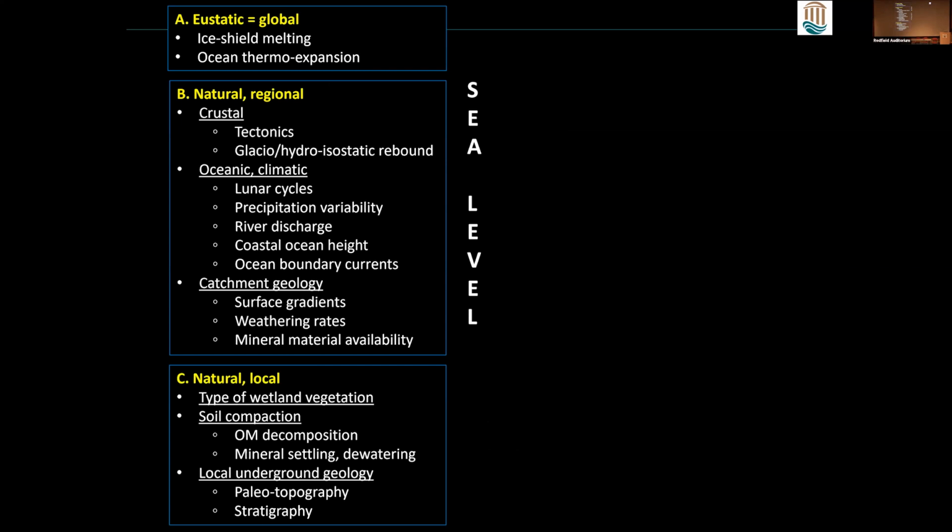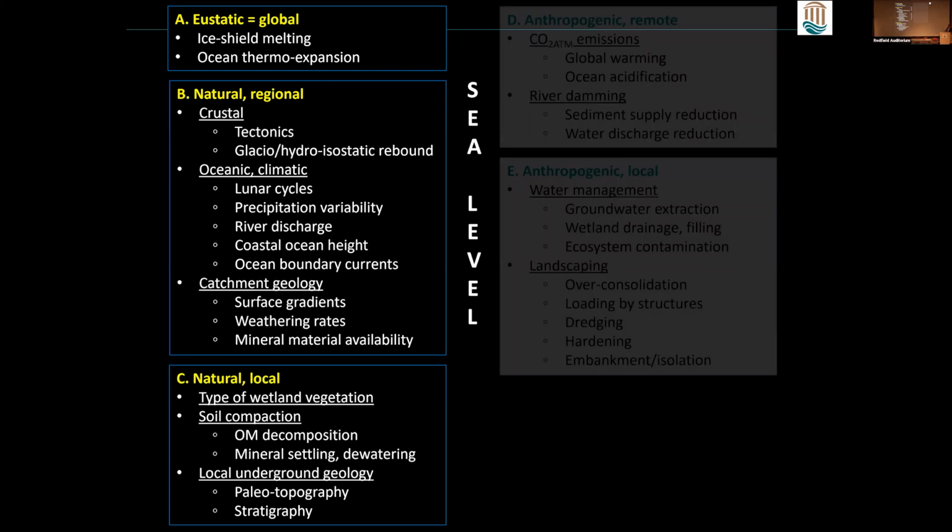All right, so this brings us to sea level now. I don't want to focus on this too much because there are plenty of different reasons why sea level is changing. Of course, they are all combined. But when we look at a delta in a certain region, we have to consider much more than just a little bit of global sea level rise and maybe a little bit of land sinking, because there are so many processes.